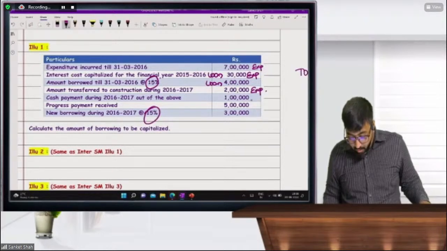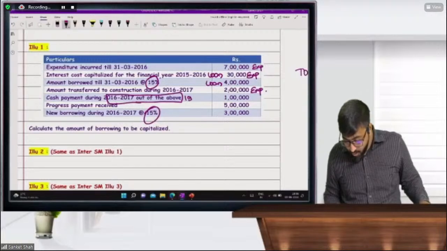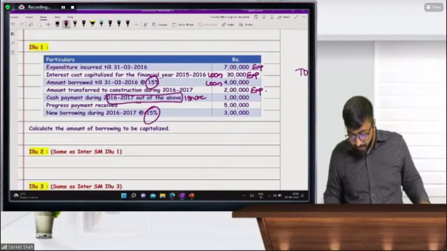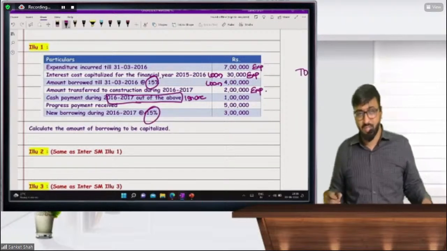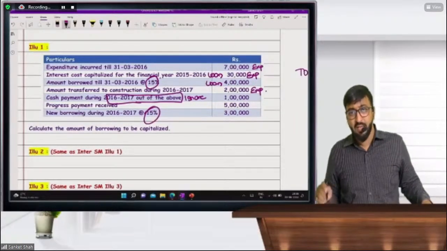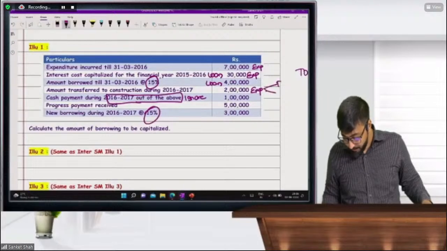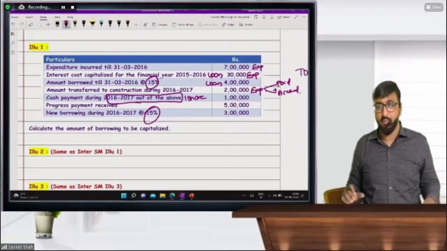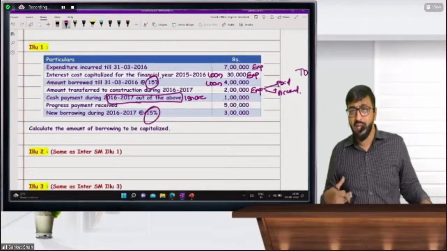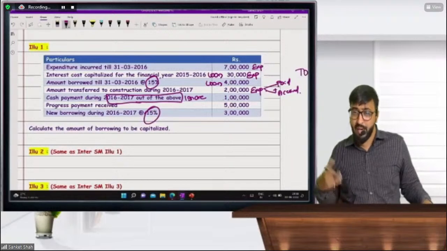Cash payment during the year out of above. Out of 2 lakhs, we will assume we paid cash payment. So ignore. No need to consider this because this is again construction expenditure. So 2 lakh is expenditure. Out of this, this is paid plus accrued. So 1 lakh, we are not interested in that 1 lakh because total expenditure is 2 lakhs. So we will consider total expenditure, paid or not paid.